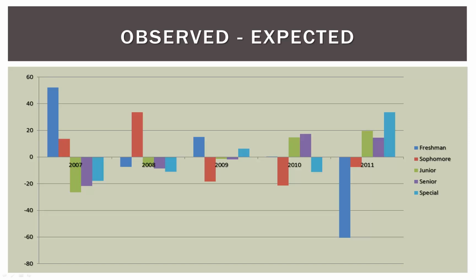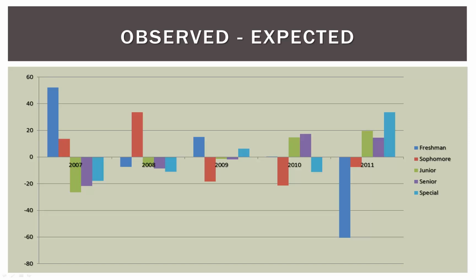So here is our observed minus our expected for each year in each class category. Now if the bar is above 0, that means what we observed was greater than what we expected. If the bar is below 0, that means what we expected was more than what we observed.